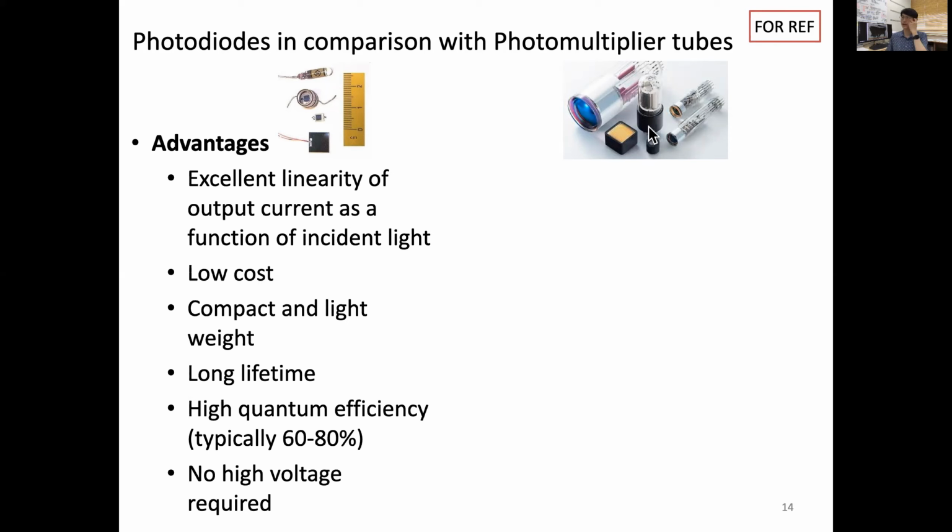You can't shake it, you can't drop it because it will break. While photodiode is much more compact and lightweight, and it lasts a pretty long lifetime. You don't need to worry about lifetime, it has higher quantum efficiency, and you don't need to provide high voltage to run it like in the PMT. As I said, you do need a separate high voltage power supply to run a PMT.